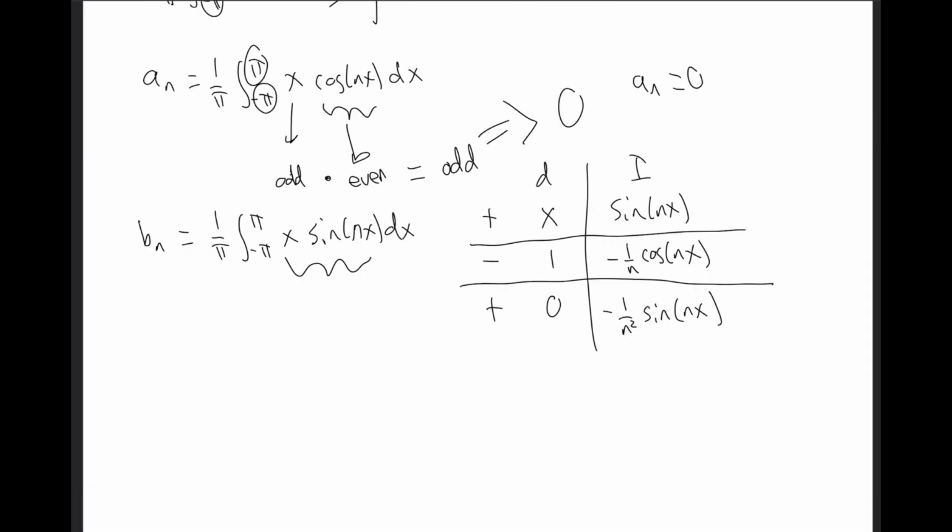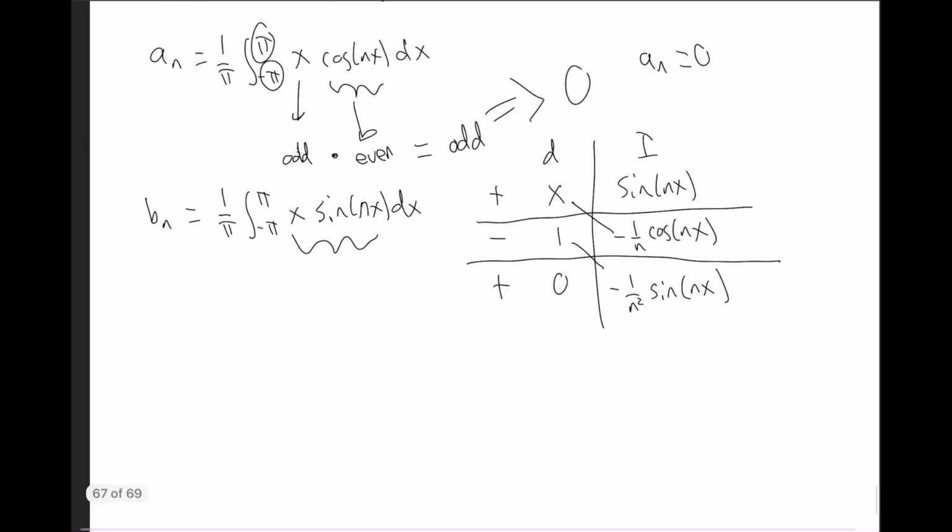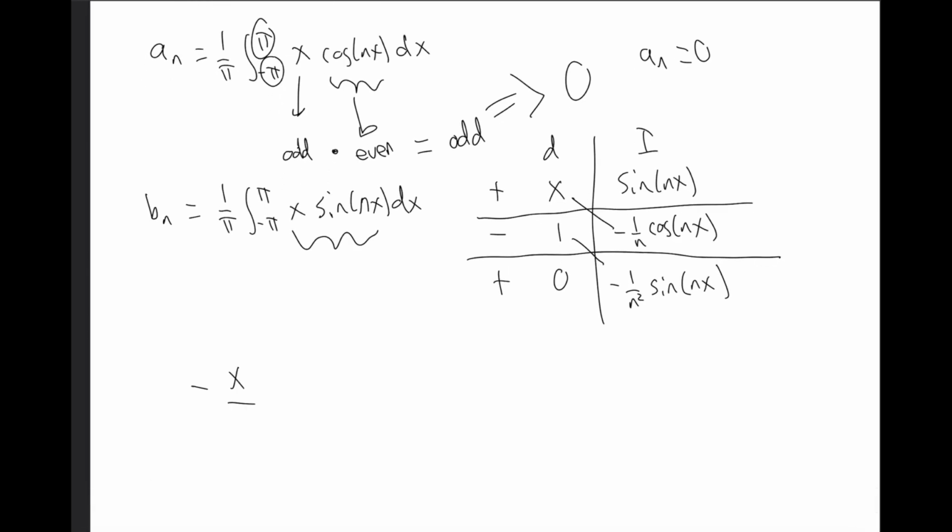If we take a derivative of this, we get cosine, and an n pops out because of the chain rule. So that works. And following the diagonals, we have negative x over n cosine of nx, then minus, we got two minuses, so that's a plus 1 over n squared sine of nx.